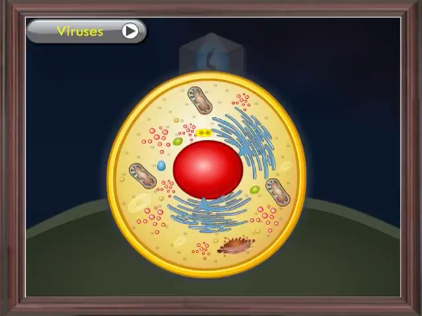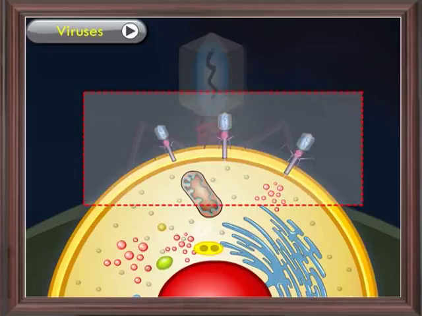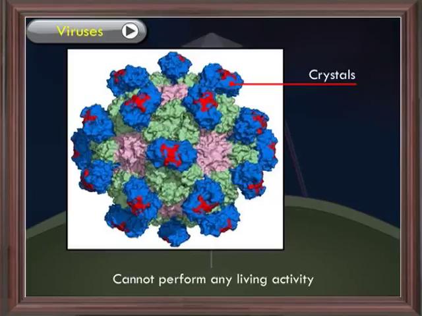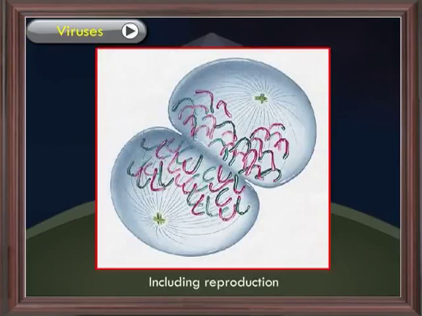The viruses or microorganisms themselves which live inside these host cells are known as parasites. The virus outside the host cell appears just like crystals and cannot perform any living activity, including reproduction.